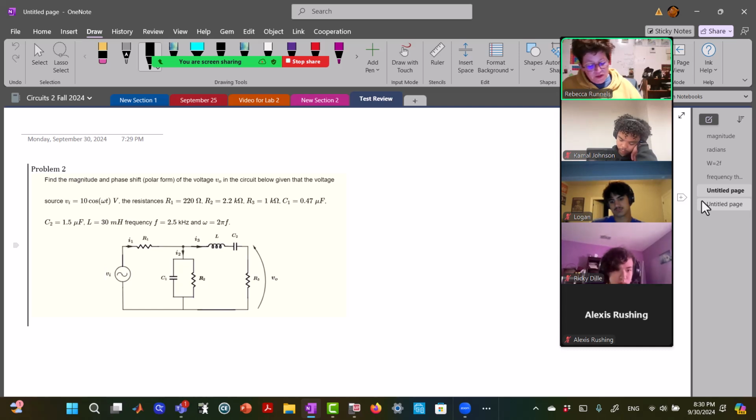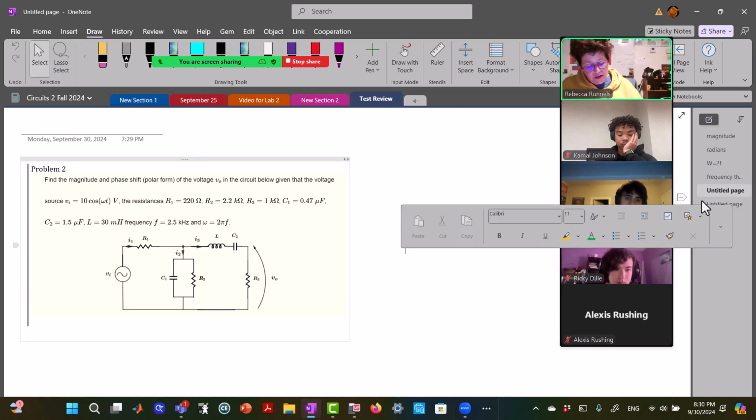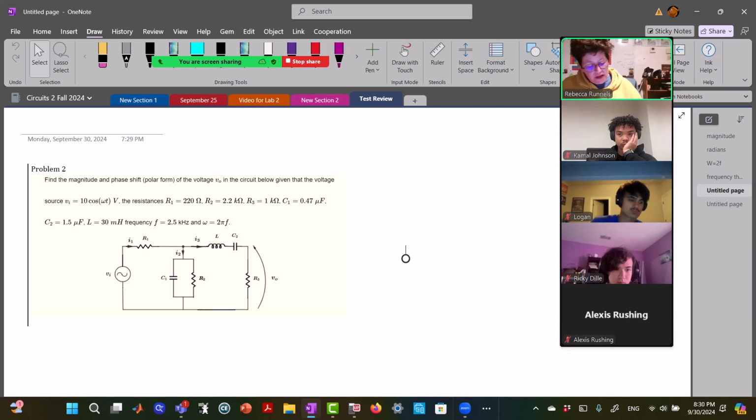So what I would like everyone to do, including me, is let's get these values in the phasor domain, and I'm not going to do it out loud. I'm not even going to share my screen. We're all just going to do these and then see if we have the right answers.